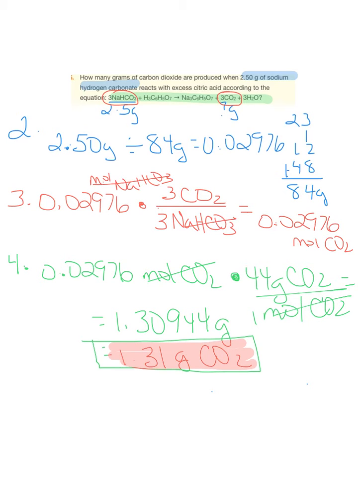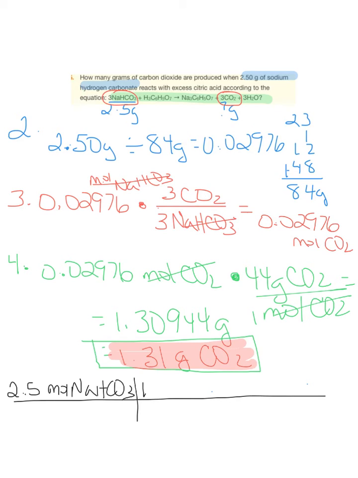Okay, so now if you were wanting to set this up in bridge notation, it's simply taking each step as a separate section of that bridge. So it's going to look like this. Step 2 is divide by the molar mass.